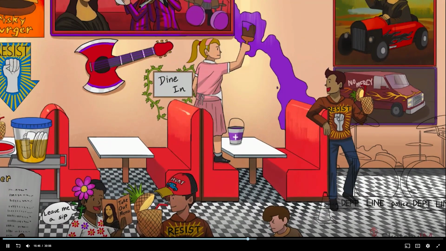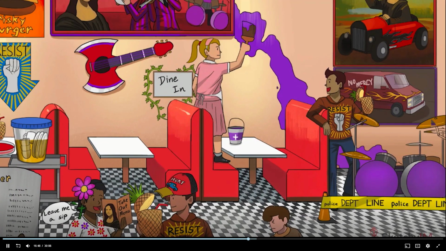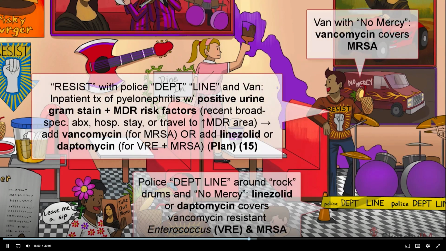One last stipulation. Again, we're focused on those patients with pyelonephritis and risk of multi-drug resistant microbes. This time, if the gram stain comes back positive, you are not just worried about Enterococcus and staph, but resistant Enterococcus and staph.